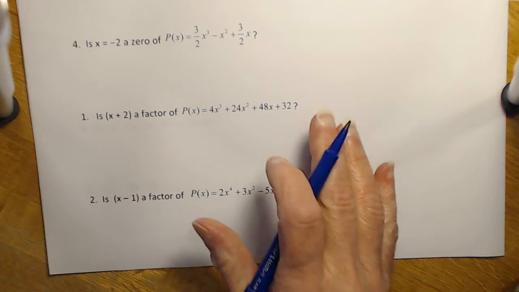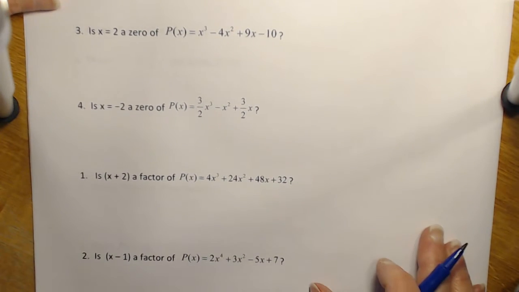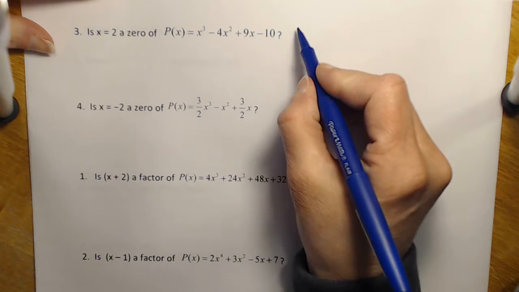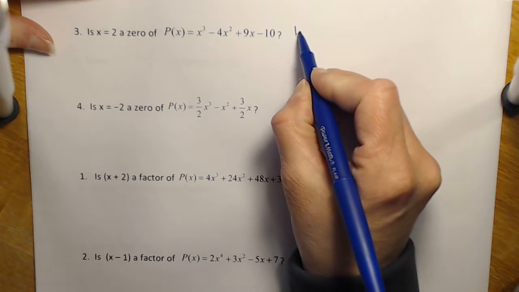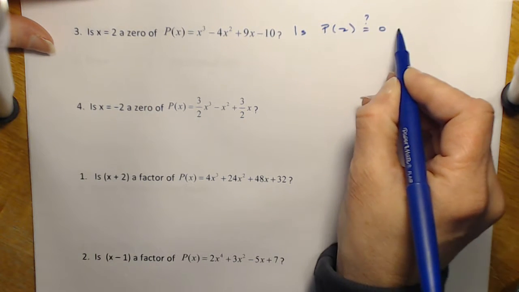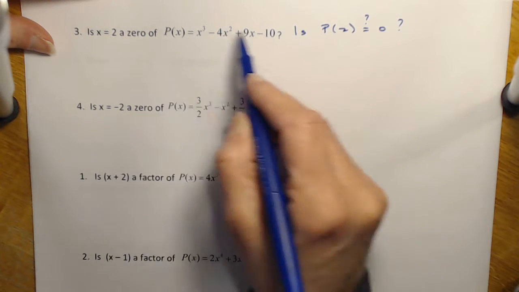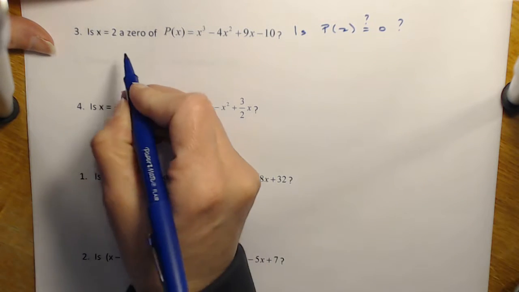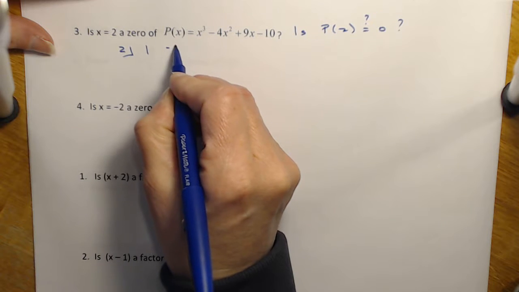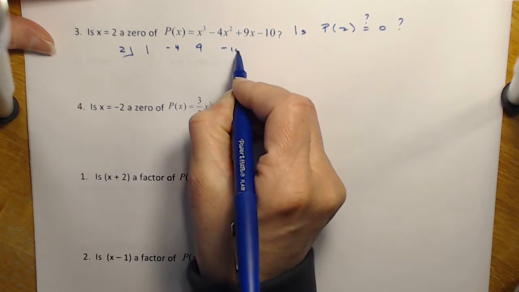All right, so just a few more that we'll run through a little bit more quickly here. So again, is x equal to 2 a 0 of this polynomial function? So remember, you want to know, is p of 2 equal to 0? Okay, that's the question. If 2 is a 0, it means when you plug it in, you get a 0. So we plug it in using synthetic. Again, our coefficients are 1, -4, 9, -10.